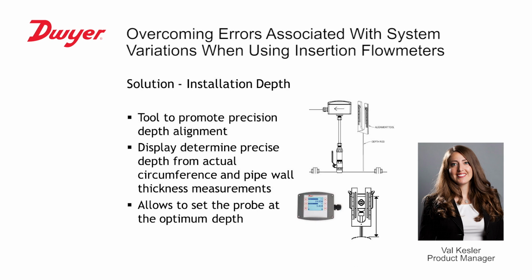So what is really a good solution for that? If you do in fact have variances in your inner pipe diameter, really having a tool to promote that actual depth alignment is essential.